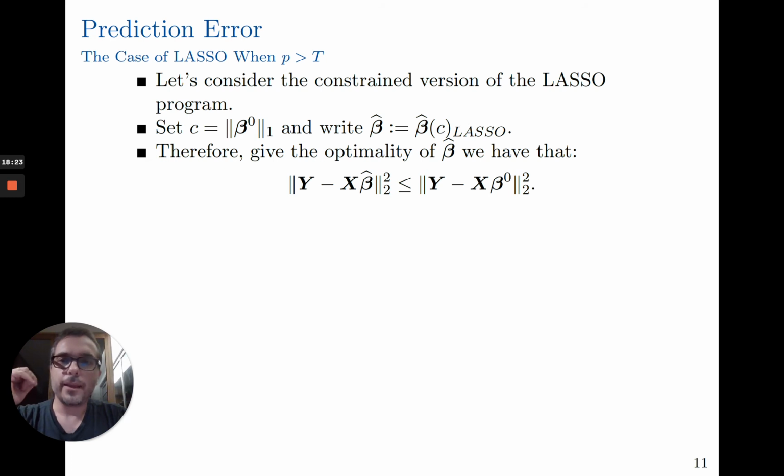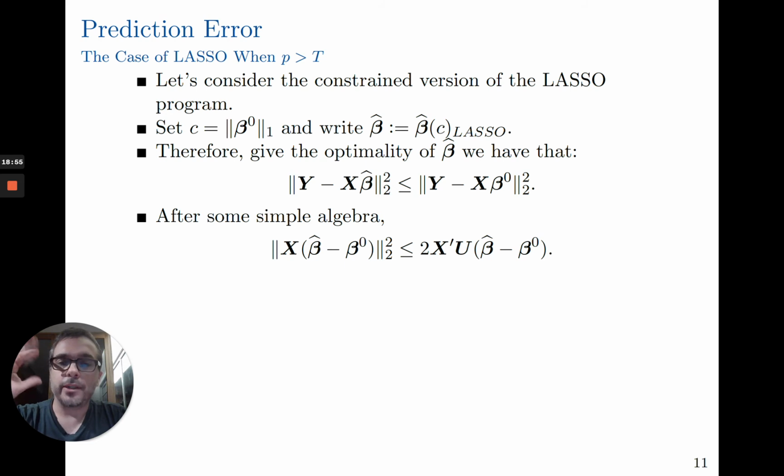So due to optimality of beta hat, we can write that the cost function we are optimizing, the squared L2 norm of the error, evaluated at beta hat will be less than or equal to the cost function evaluated at the true coefficient beta naught, because beta hat is the optimal solution to the lasso program.